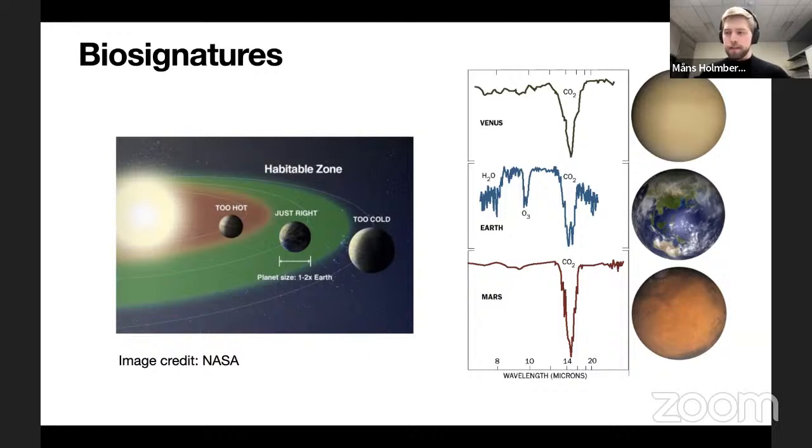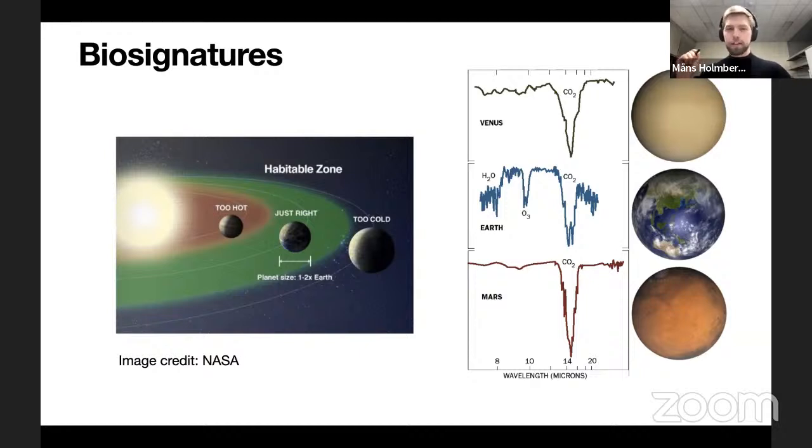Another thing to consider is that we would like these planets to be in the habitable zone of their star. What that means is that we compare the stellar light heating up the planet with how much the planet is radiating away in thermal radiation.